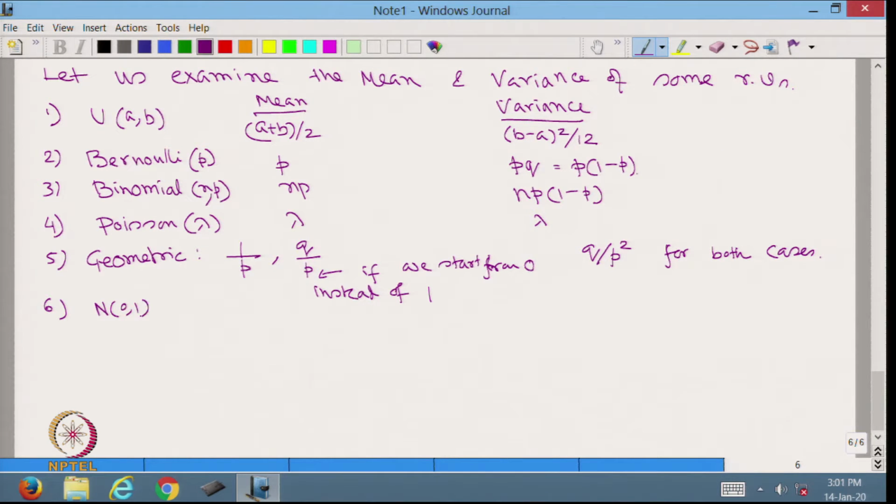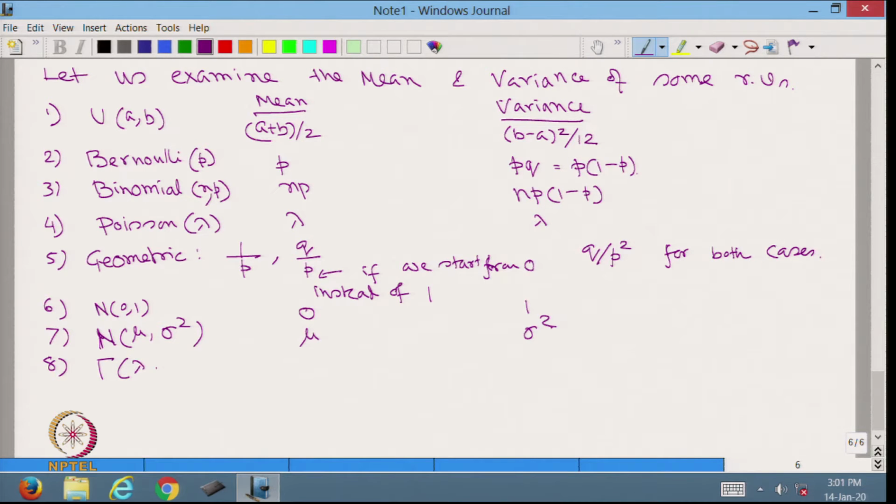Normal 0, 1: mean is equal to 0, variance is equal to 1. Normal mu, sigma square: mean is equal to mu, variance is equal to sigma square.